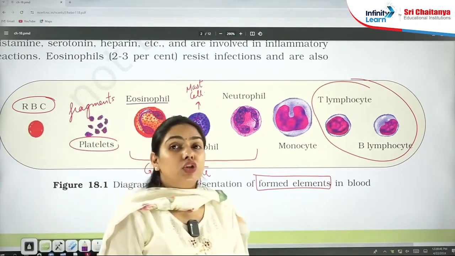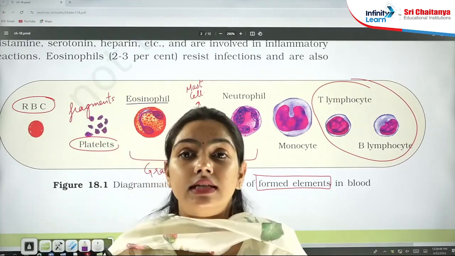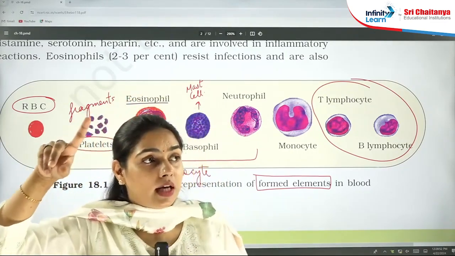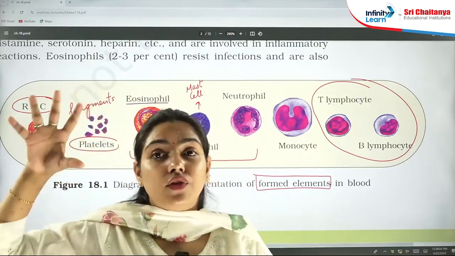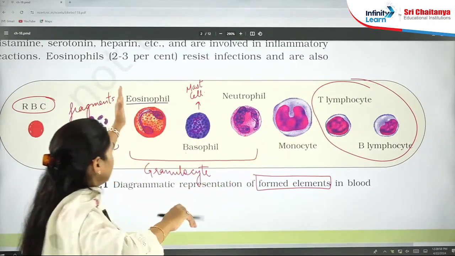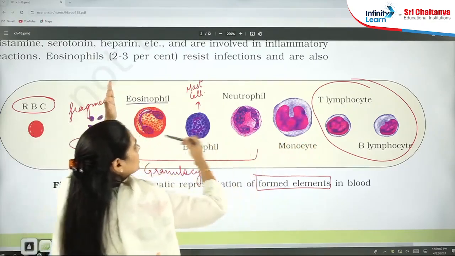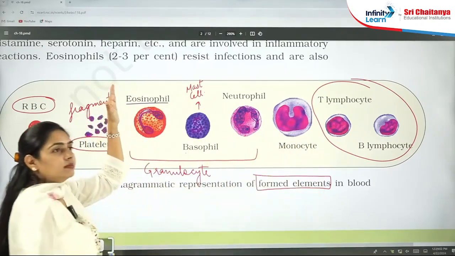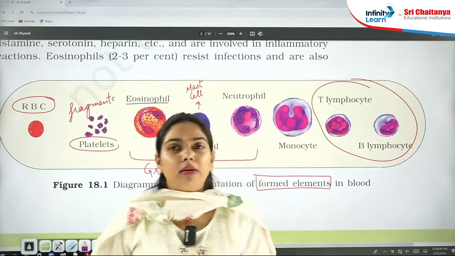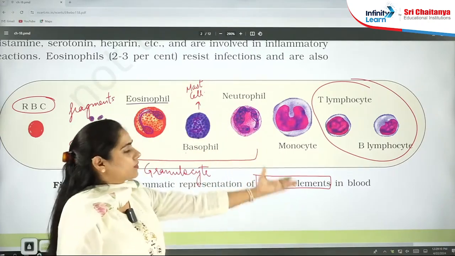If somebody will ask you which WBC is largest in size, not largest in number. Largest in number is neutrophil. Largest in size, can anybody see and tell? Quickly, 1 minute is left. Let us conclude.